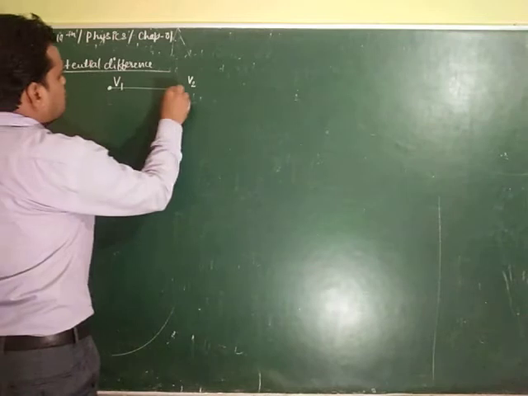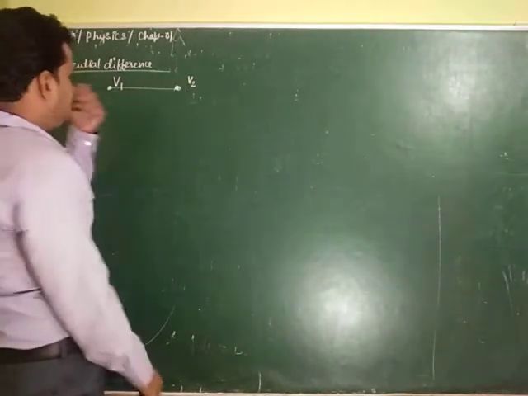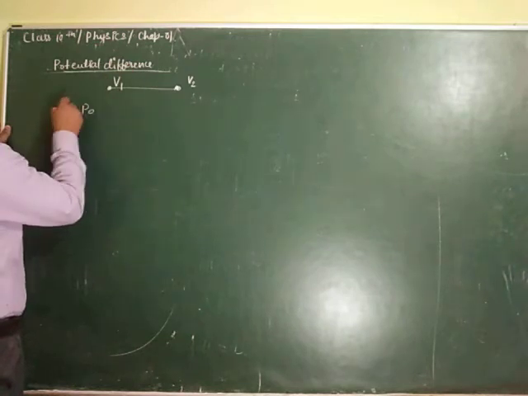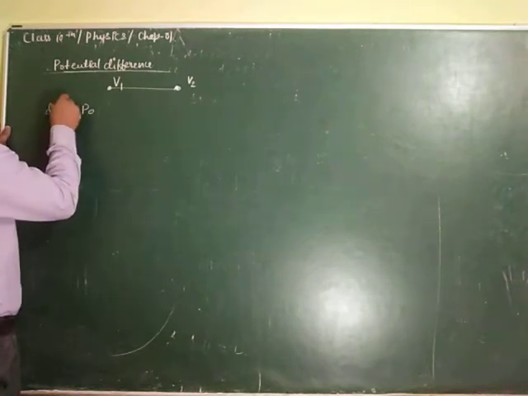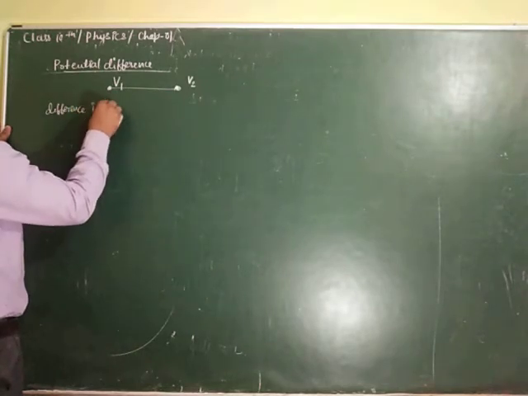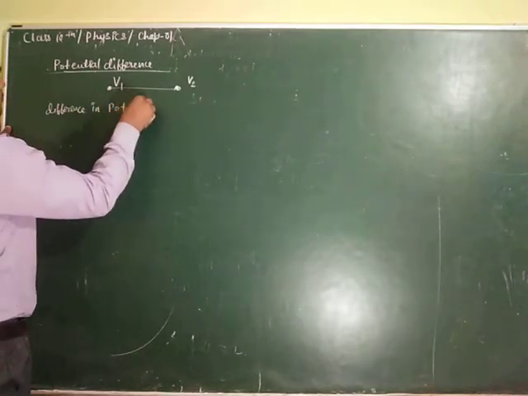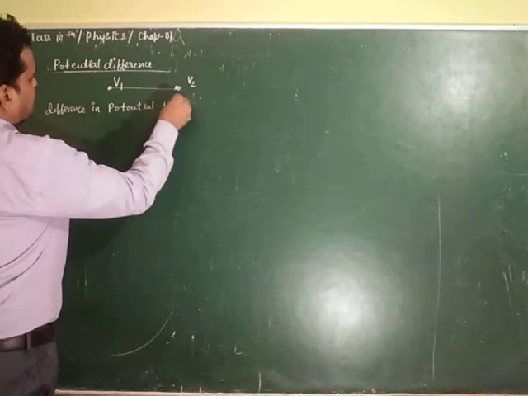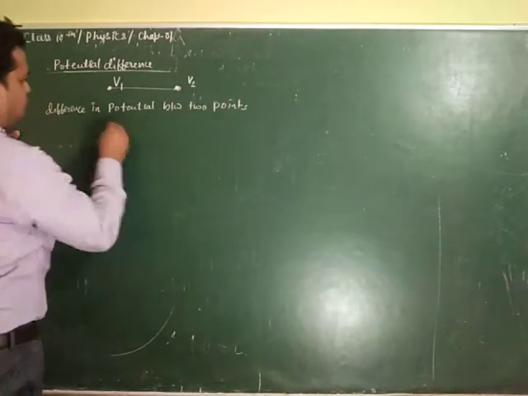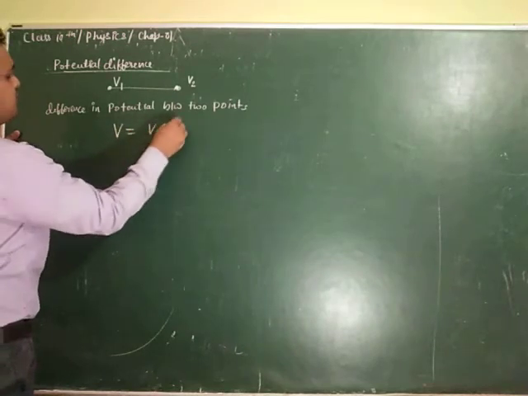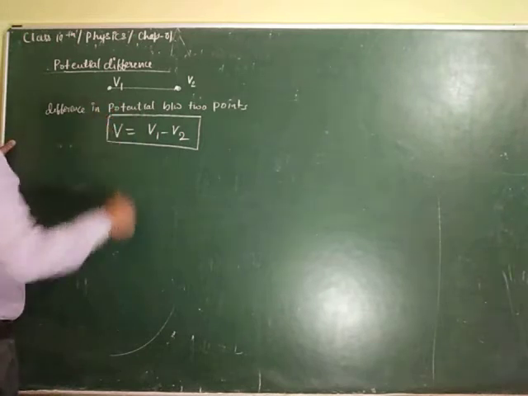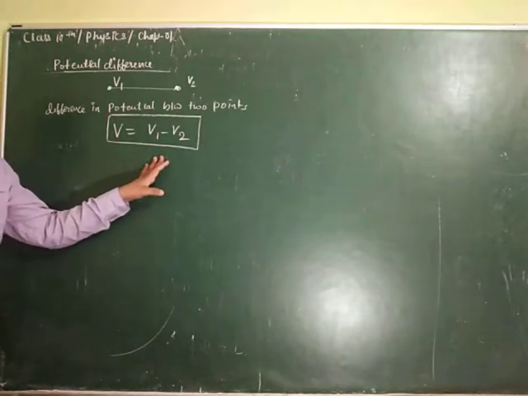Potential difference is defined as the difference in potential between 2 points. So potential difference is equal to V1 minus V2 if V1 is greater. This is how we can calculate the potential difference between 2 points.